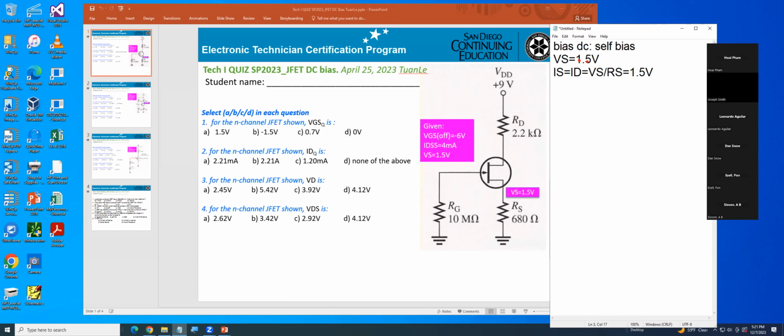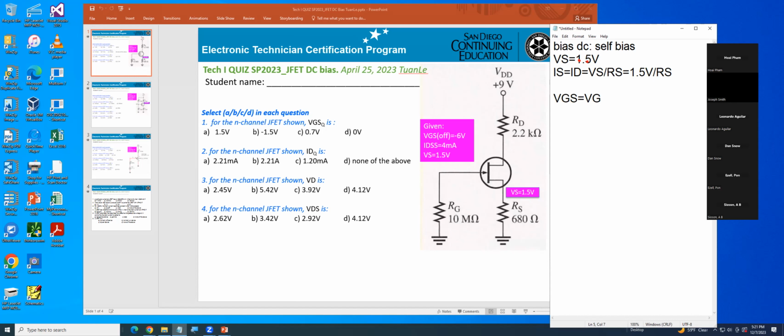Okay, let's see. To answer the fourth question, now you get VGS equal, by basic definition, what is VGS equal?